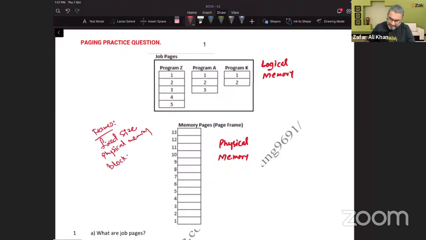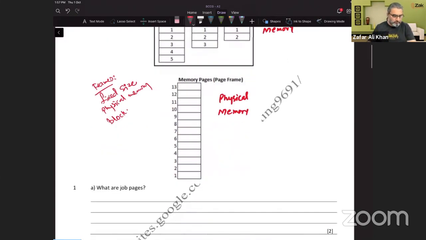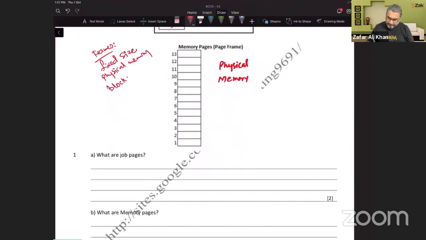And what are job pages? Fixed size logical memory blocks.